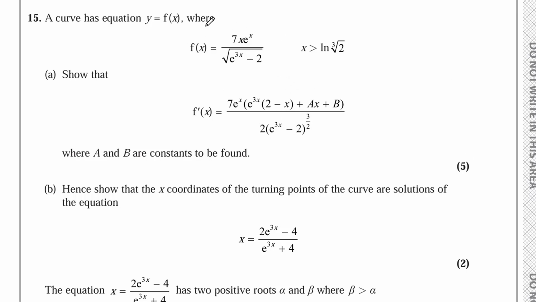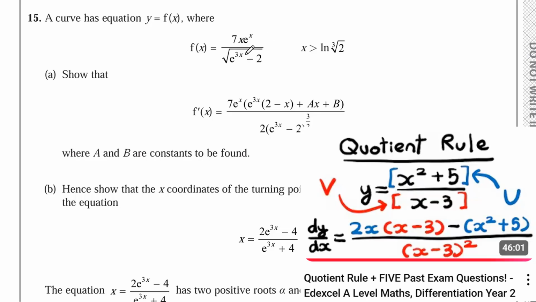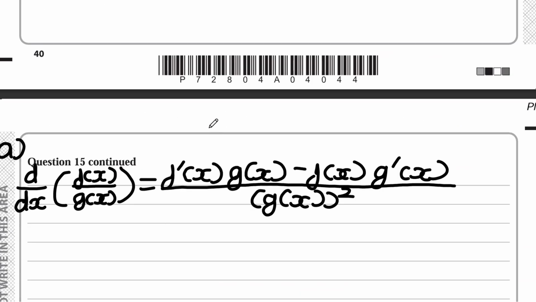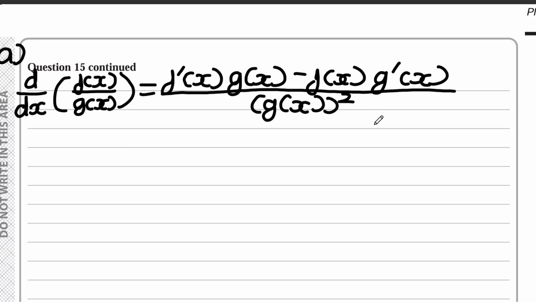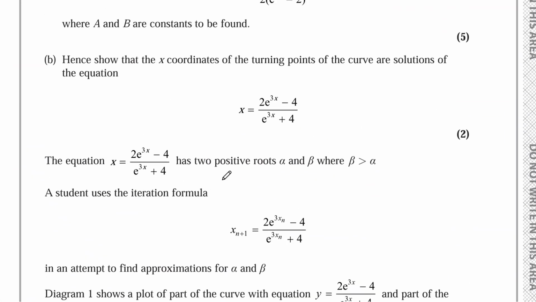So what we need to do, we need to differentiate this function here. Now, as this is a fraction, the easiest way to do this is to use the quotient rule. Now, I've given you the formula here for the quotient rule because it's given to you in the formula booklet. So it's d over dx of this f of x over g of x, where f of x is the function in the numerator and g of x is the function in the denominator.